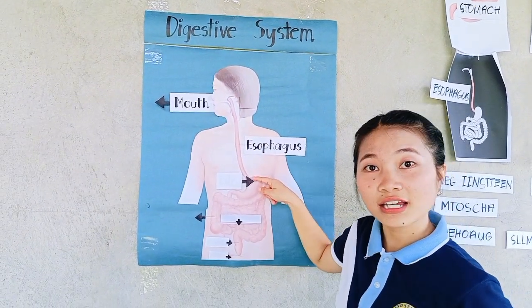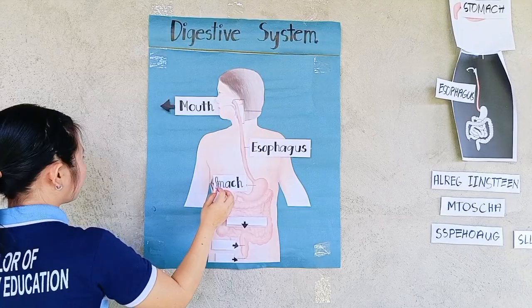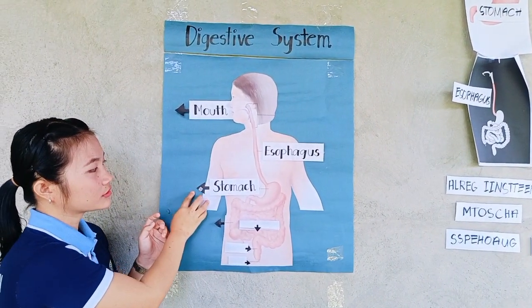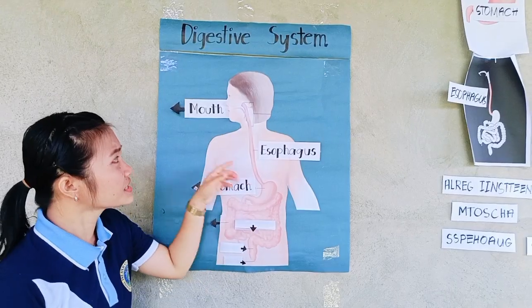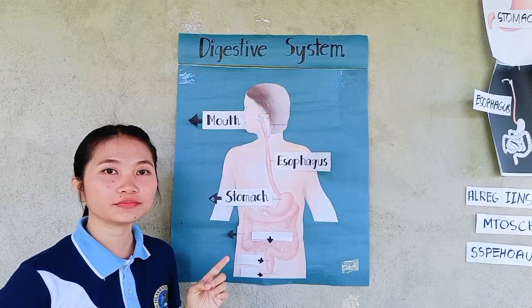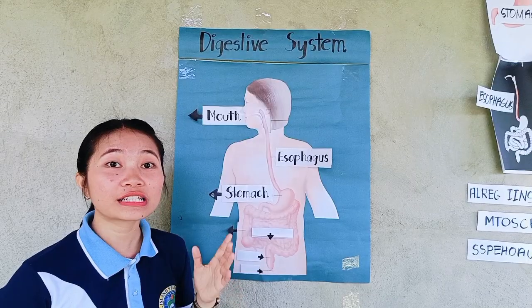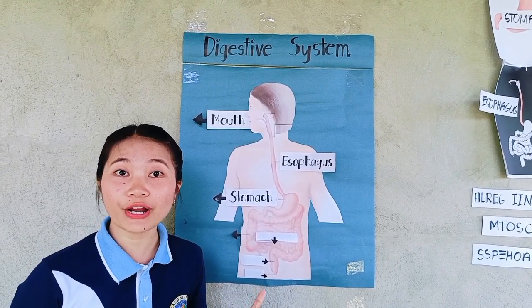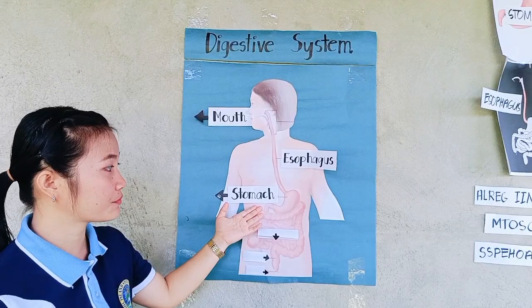And next, it will go into our stomach. Now, why is it important that the food goes into our stomach? It's because the stomach will release some acids and enzymes to break down our food.